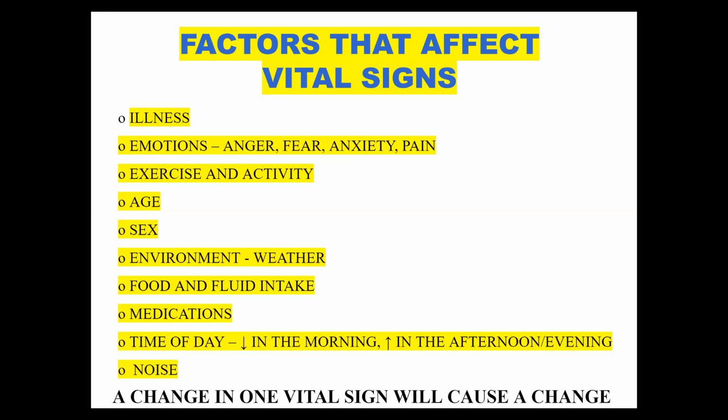Now, also children, when you're 18 years old, your blood pressure and your pulse is not the same as it was when you were 4, 5, or 6 years old. Okay, when you were younger, your pulse rate was higher, your blood pressure was lower, and as you get older, your body changes, and thus the vital signs change as well.